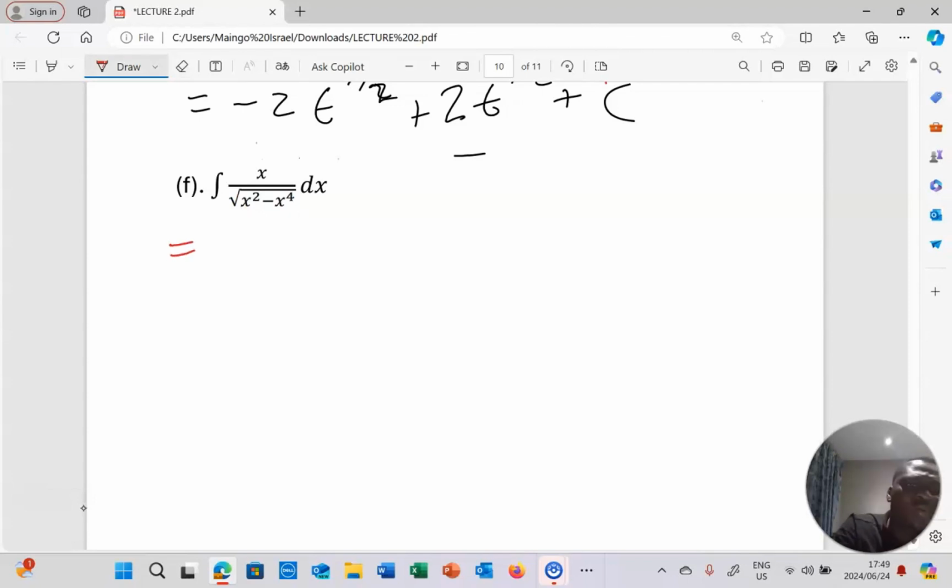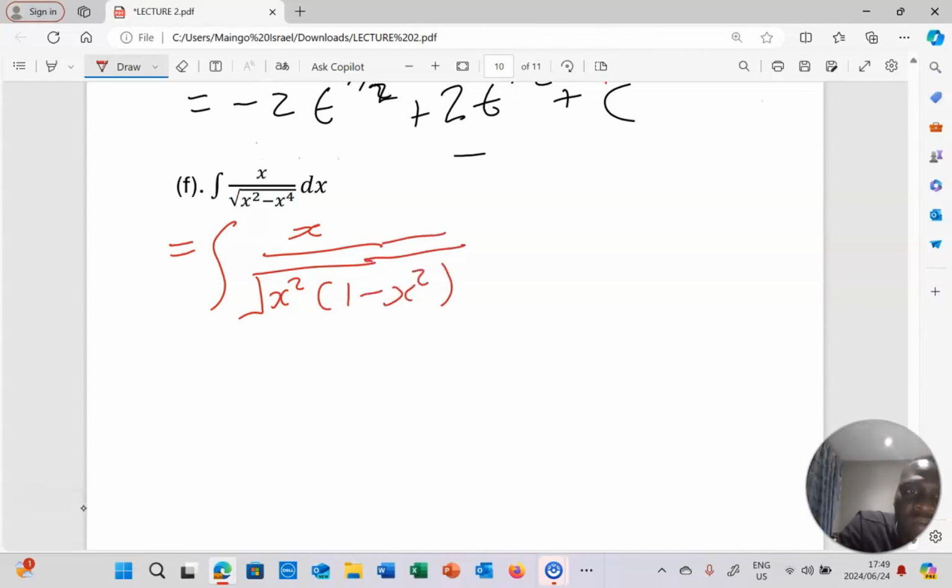This is a very simple problem because what we have to do is simplify. Inside the square root we can take out x squared, so this will be x squared into 1 minus x squared.